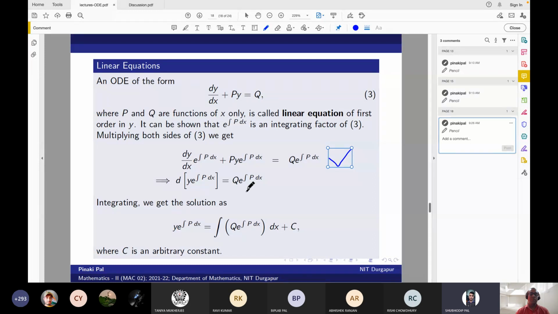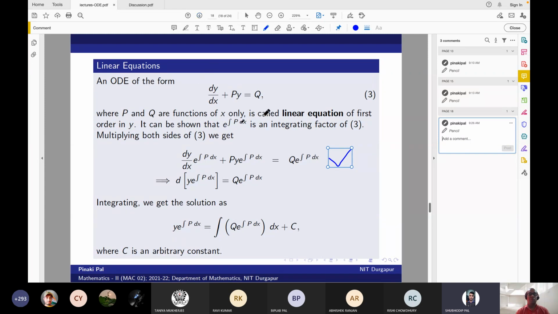Then if you integrate, the left hand side will become y e^∫P dx, and this is equal to the integral of Q, the right hand side function, multiplied by the integrating factor dx, plus c, where c is an arbitrary constant.